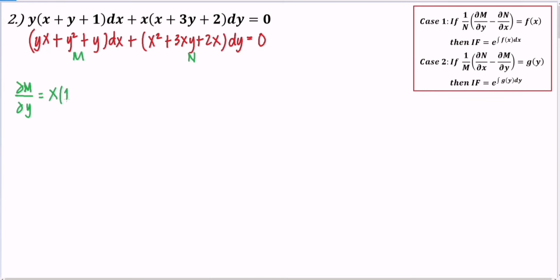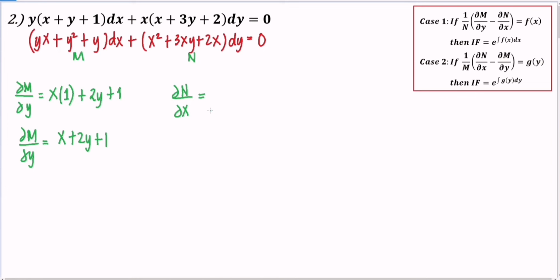And then si y ay 1. Ayan, so derivative ng y ay 1. Plus, so ito naka in terms of y na siya, so derivative niyan ay 2y. Ito naman, derivative ng y is 1. So 1. So ang ating final dito na answer sa partial derivative of m in terms of y is x plus 2y plus 1.